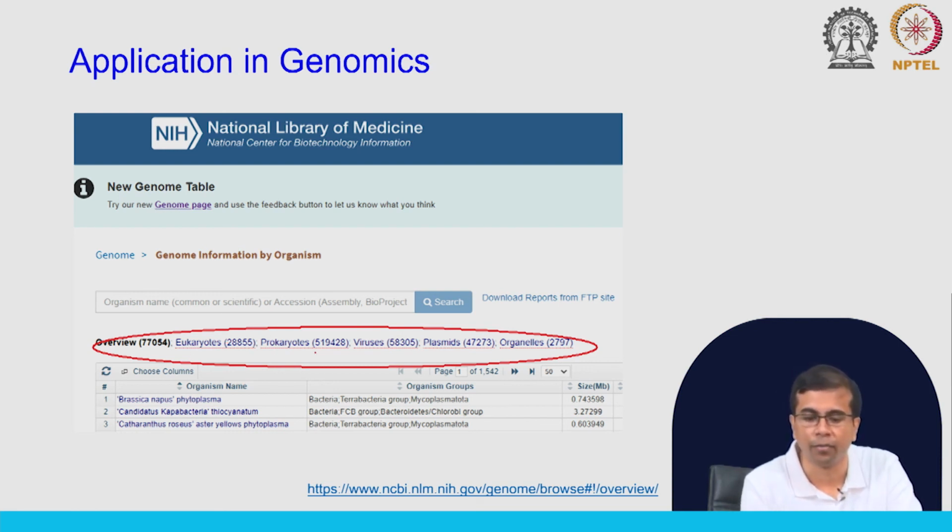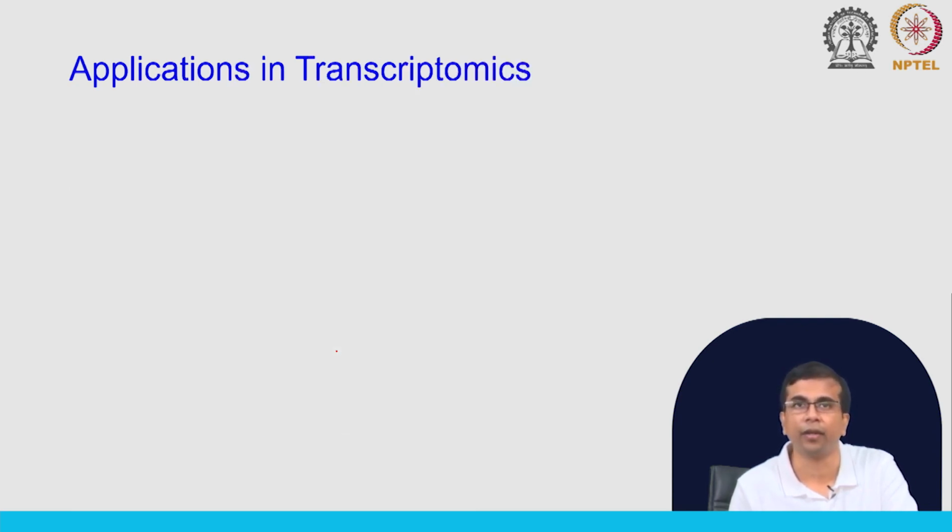This has seen tremendous growth in the last few years. In the last 10-15 years we are seeing 300 genomes being deposited per month to these databases. Okay. This is a direct contribution of next generation sequencing because it has sped up the process of genome sequencing quite significantly compared to Sanger sequencing.